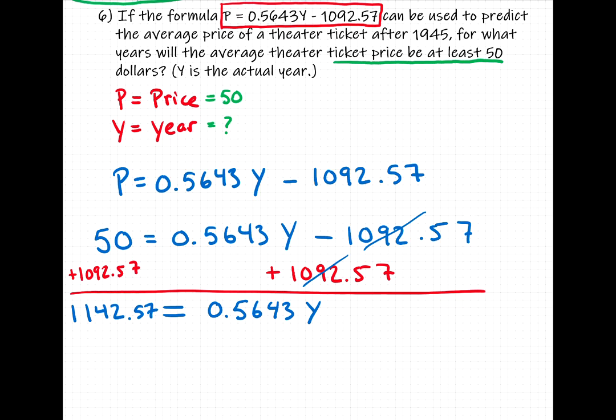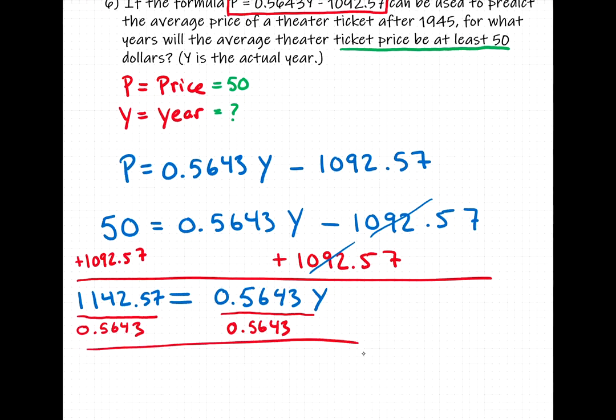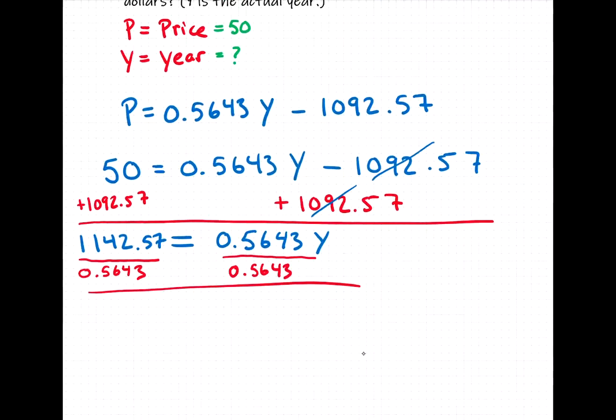So the number doesn't matter. What matters is the mathematical operation. This is multiplication. We could reverse that with the opposite, which is division. So we'll divide by 0.5643. Whatever we do to one side, we do to the other. Okay, so on the right-hand side, the times and the divide, they cancel. So we're left with just y by itself.